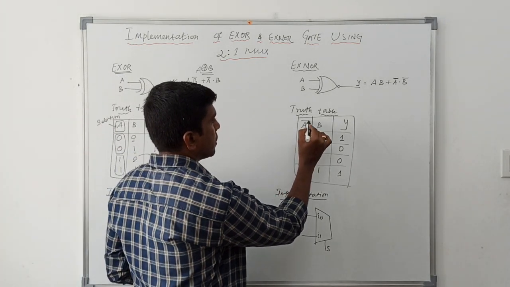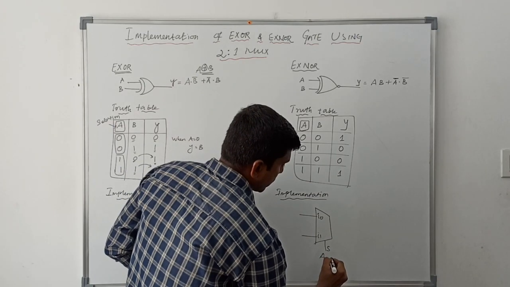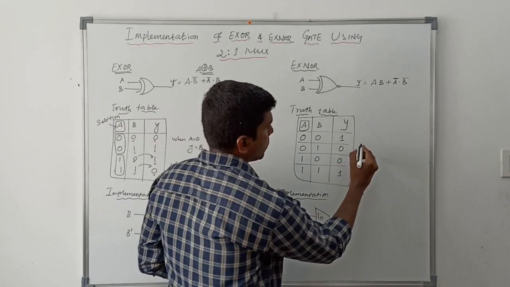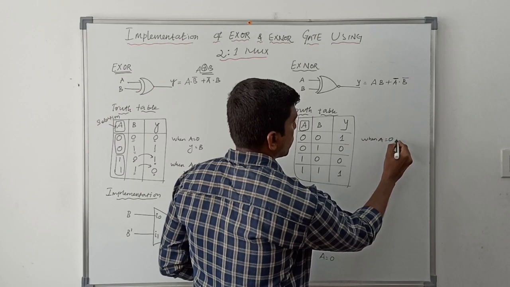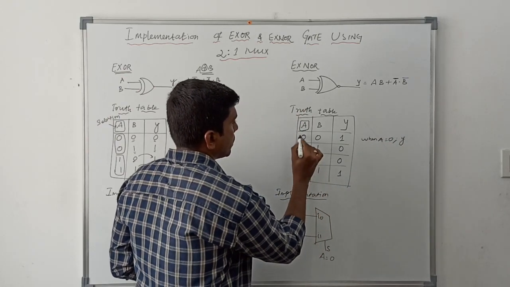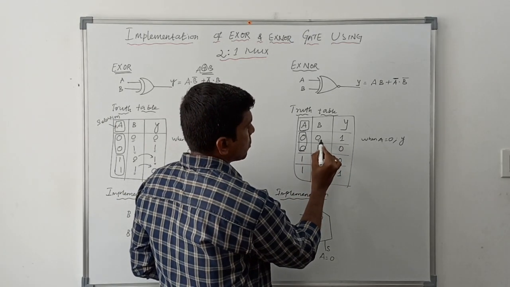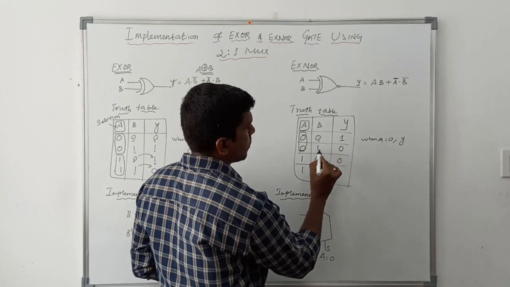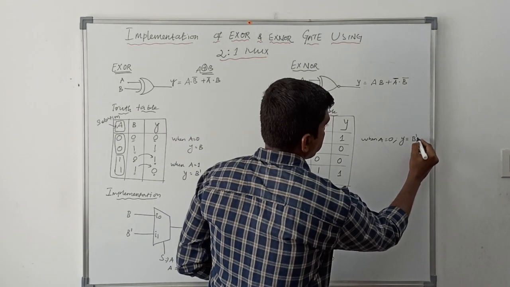As usual, A is considered as the selection line. When A equal to 0, B is 0 and Y is 1, B is 1 and Y is 0. So Y equal to B bar.